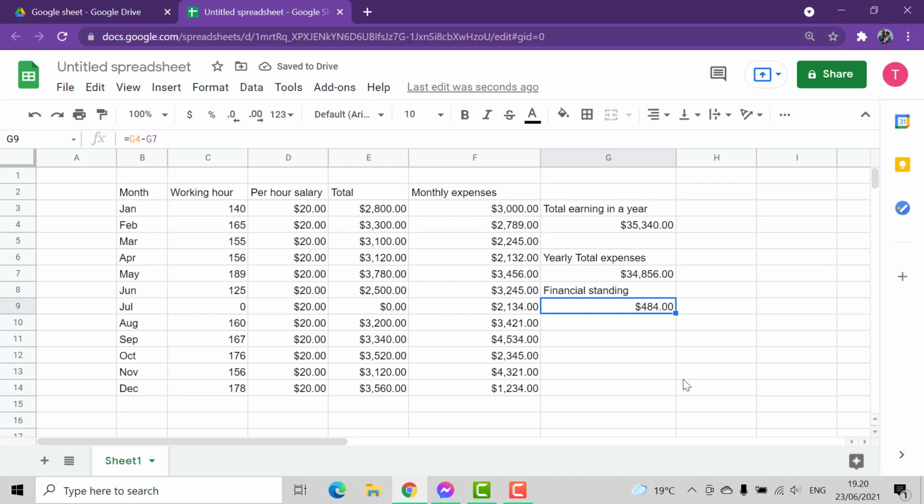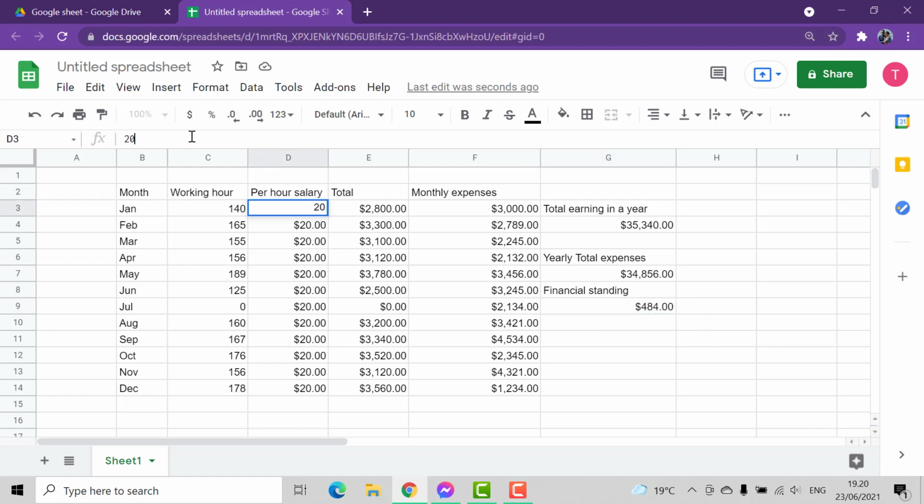So a Google spreadsheet is giving you really the greatest opportunity to make the calculation once, look at whether everything is working, and then just change the values and have an idea what's going on in your final result. Also, we can change the per hour salary.